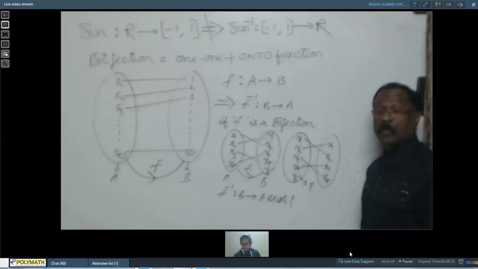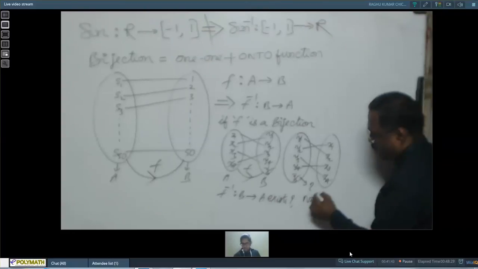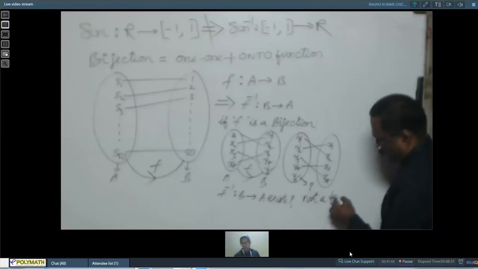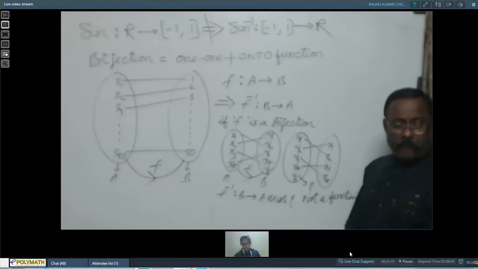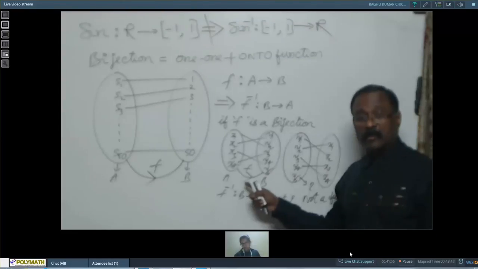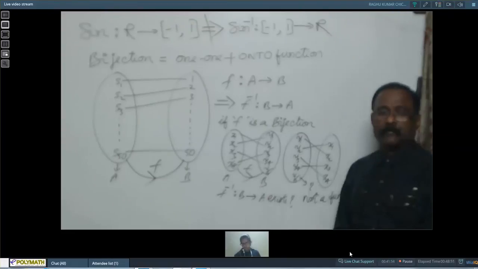No mapping? It's not a function. That means f inverse does not exist for the function if it is only one-one but not onto. Are you with me?